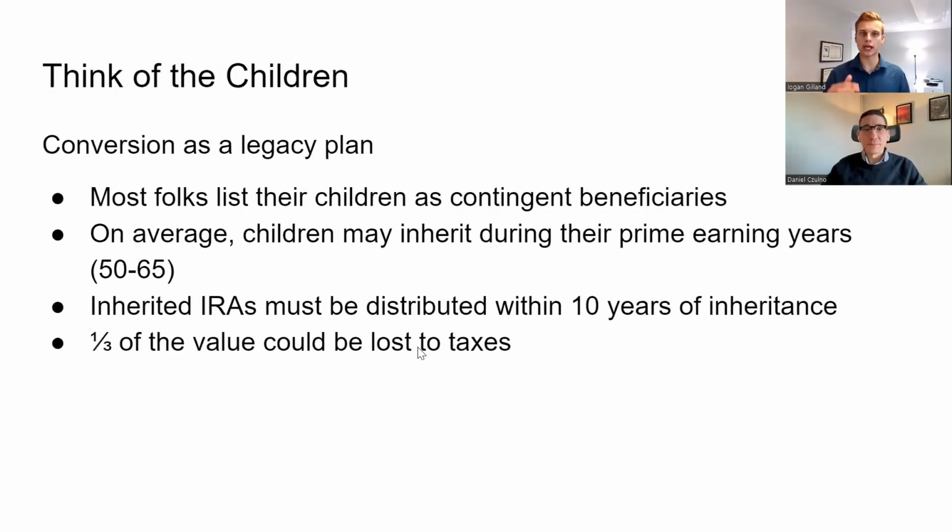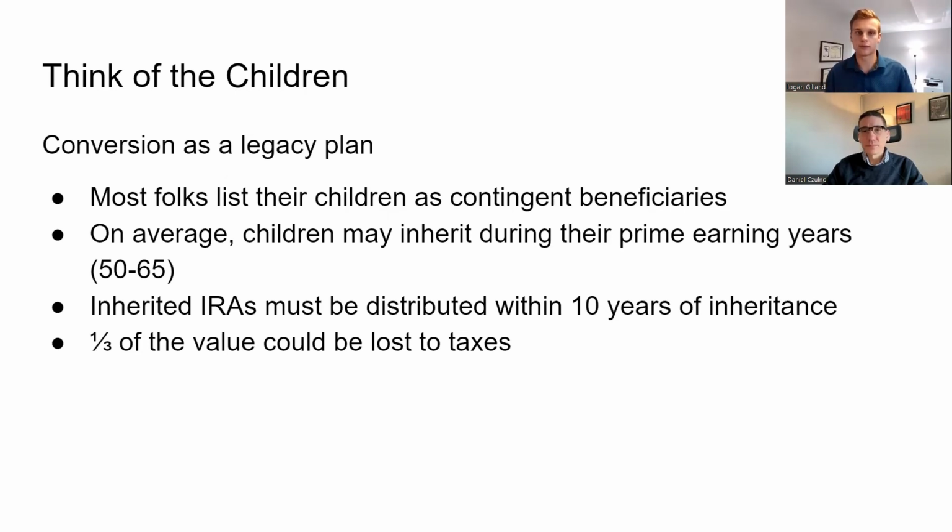Yeah, I mean, when we look at the children planning, this is a crucial component to these Roth conversions because if something happened to you, you pass away, you and your spouse, or yourself, and you pass that on to non-spousal heirs, well, then they are required to take out that inherited IRA within 10 years. And for most people, if their parents pass, they may be in a high tax bracket.